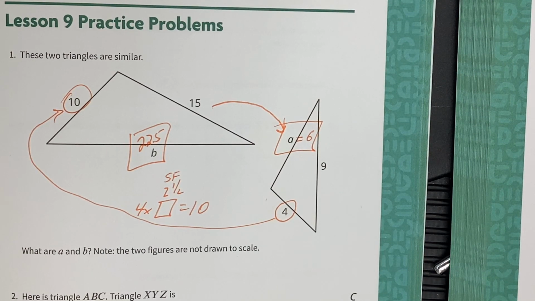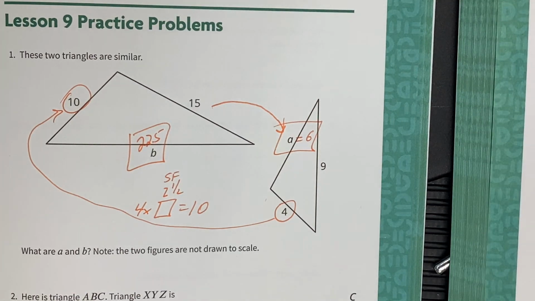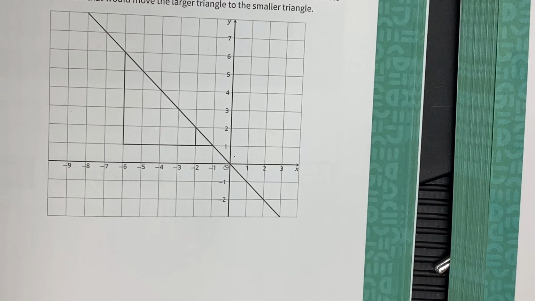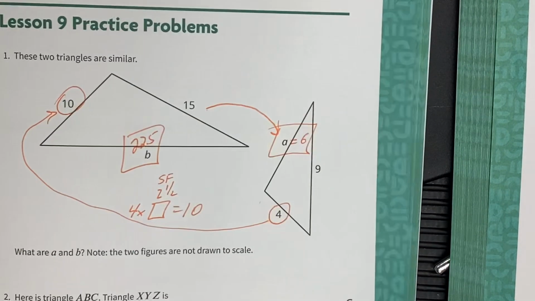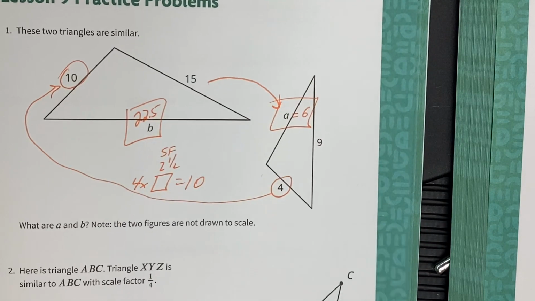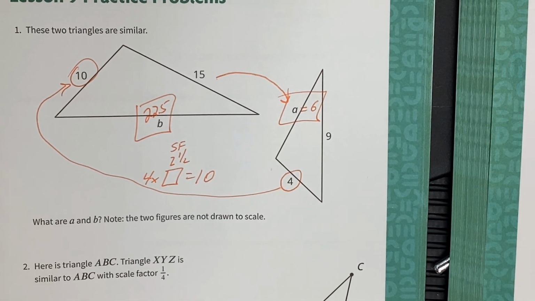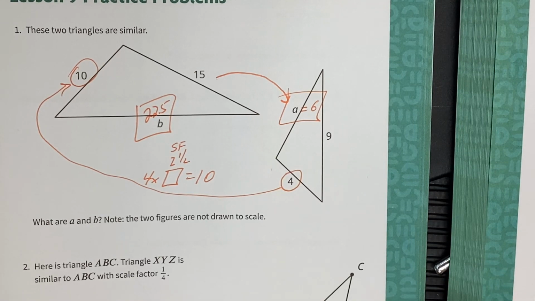It says here's a triangle ABC. Triangle XYZ is similar to ABC with a scale factor of 1/4. And it says draw what it might look like. So 1/4 of the size, I can guesstimate about 1/4 of the way there without measuring, just kind of eyeballing.